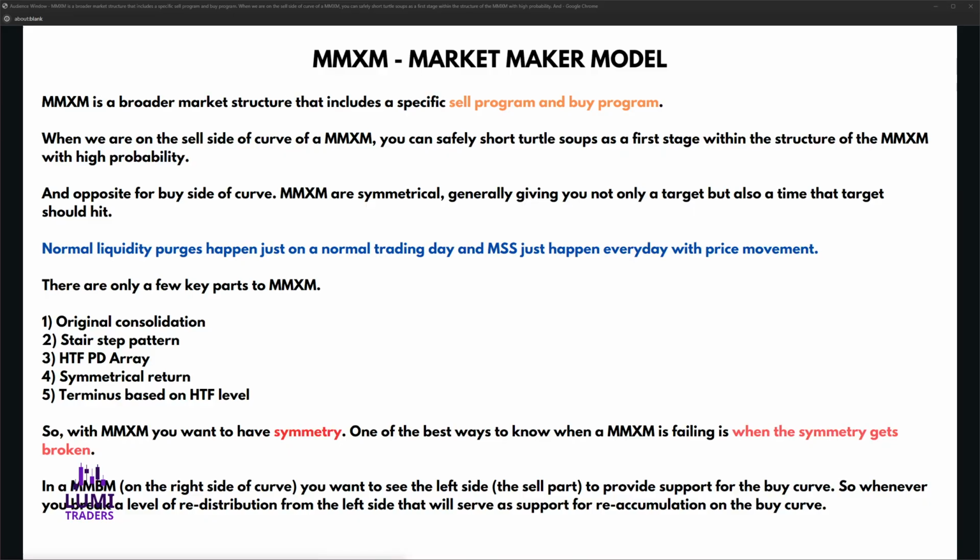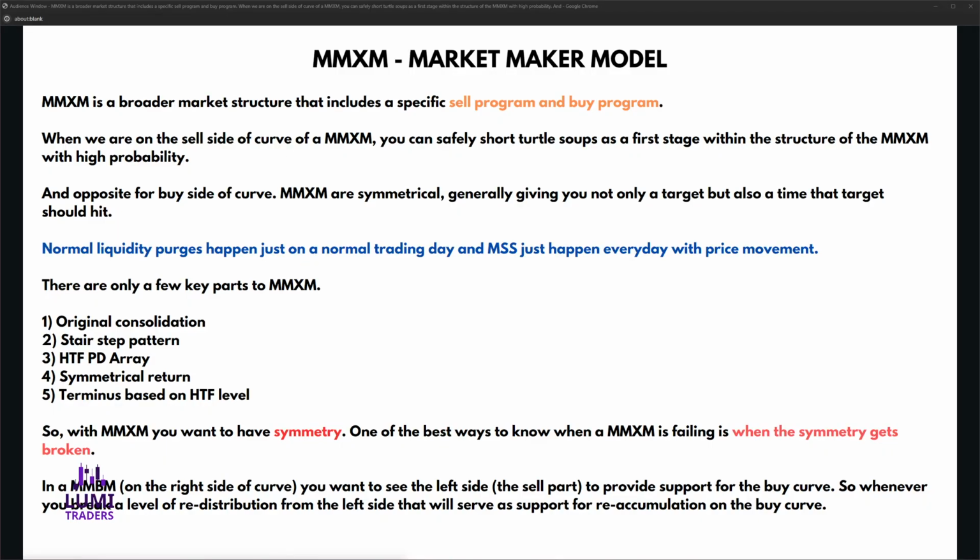There are only a few key parts of the market maker model that you must know and understand: original consolidation, stair-step pattern, first stage of accumulation, first stage of distribution, second stage of reaccumulation, second stage of redistribution, higher time frame PD array, symmetrical return, and higher time frame targets.